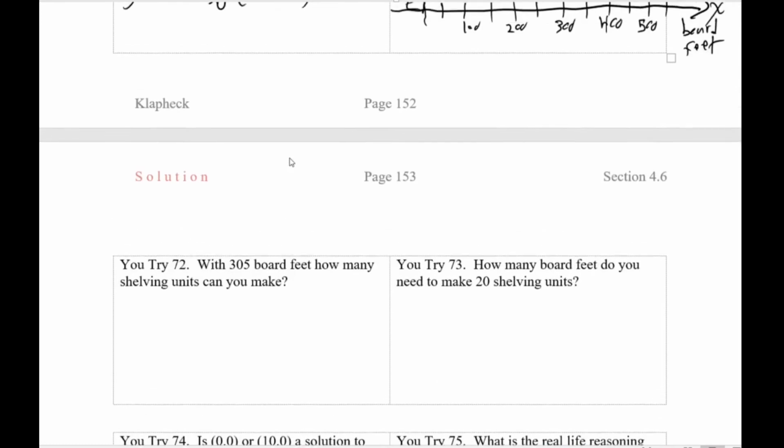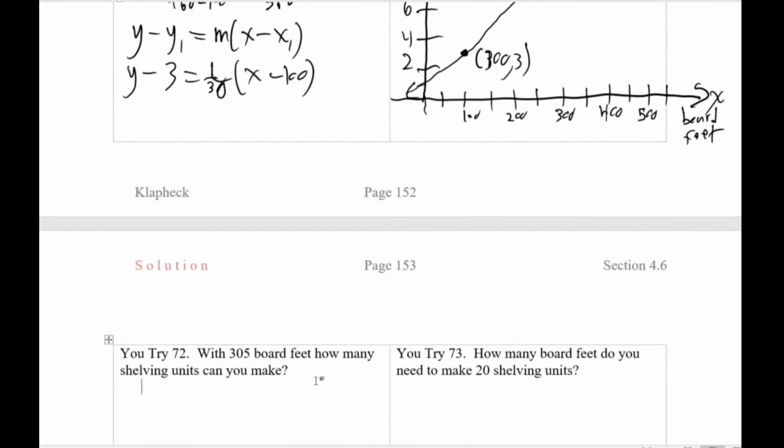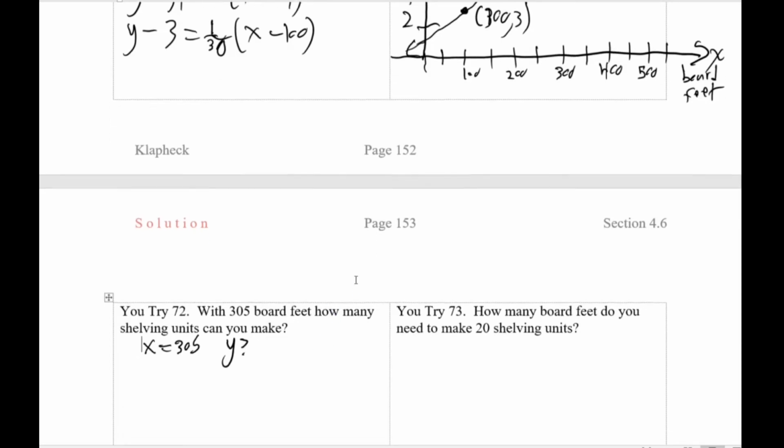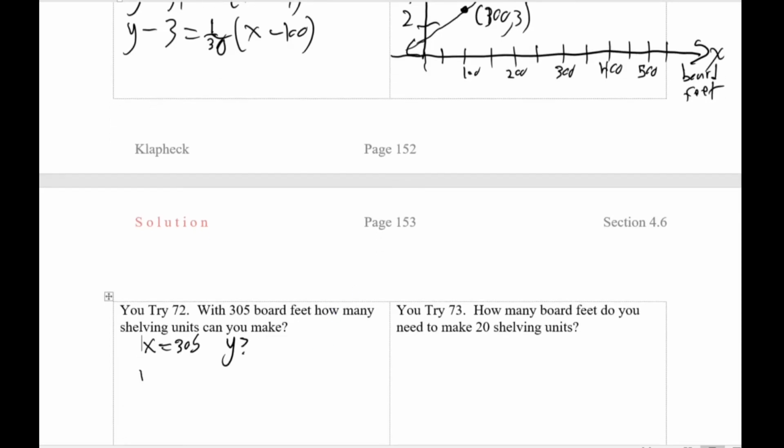Let's now use the equation to solve for this. My x value equals 305. I now need to find my y value. Y minus 3 equals 1/30 times x, which in this case is 305 minus 100.